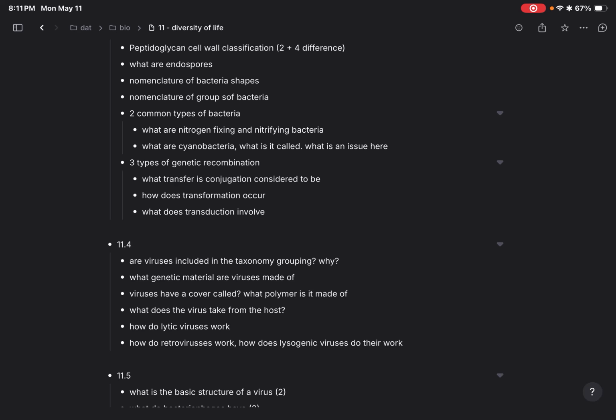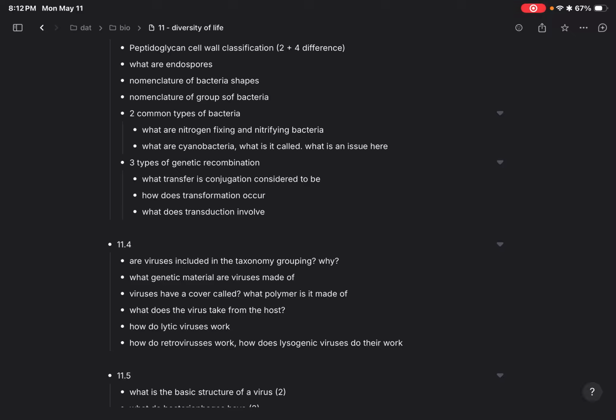Nomenclature of bacterial shapes. So we have the cocci, the spirilli, and the bacilli. Oh, so it's not cocculi, it's actually called cocci.